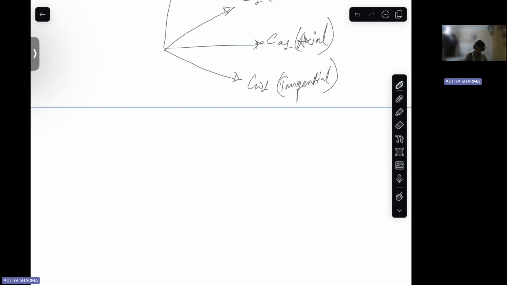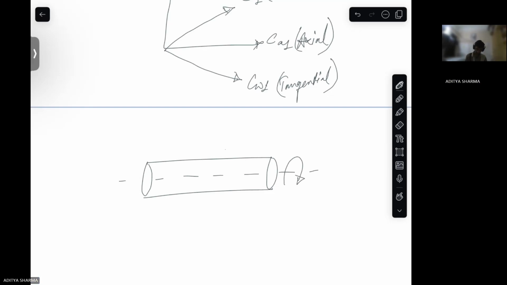So if this is your shaft, and it is moving in this direction, this direction is your axial direction.